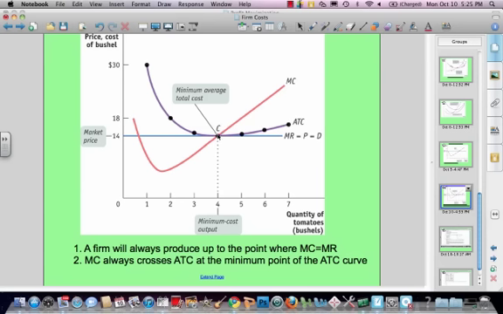We also know, based on 3 slides ago, that marginal cost always crosses average total cost at the minimum point of the average total cost curve. So the minimum cost production point or minimum average total cost. Interesting how these 3 curves just happen to intersect.